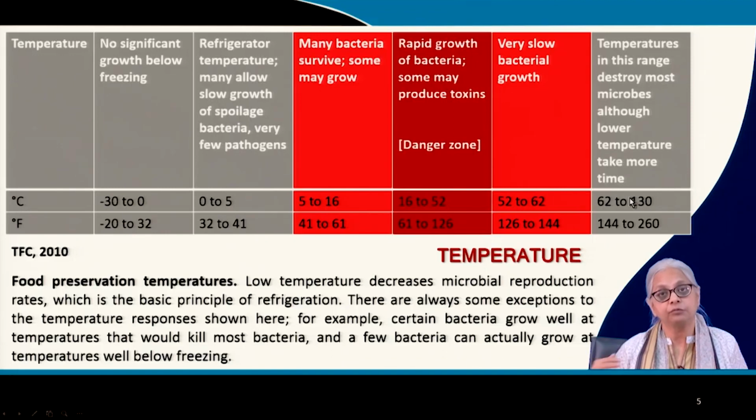And finally, if you take it past boiling point, you can be pretty certain that the pathogenic bacteria in your environment will not survive these conditions. So you can boil milk, you can boil water and feel safe that pathogenic bacteria are not going to be able to survive these high temperatures, and therefore consuming that material is safe. And that is what pasteurization is all about. We'll come to that again.